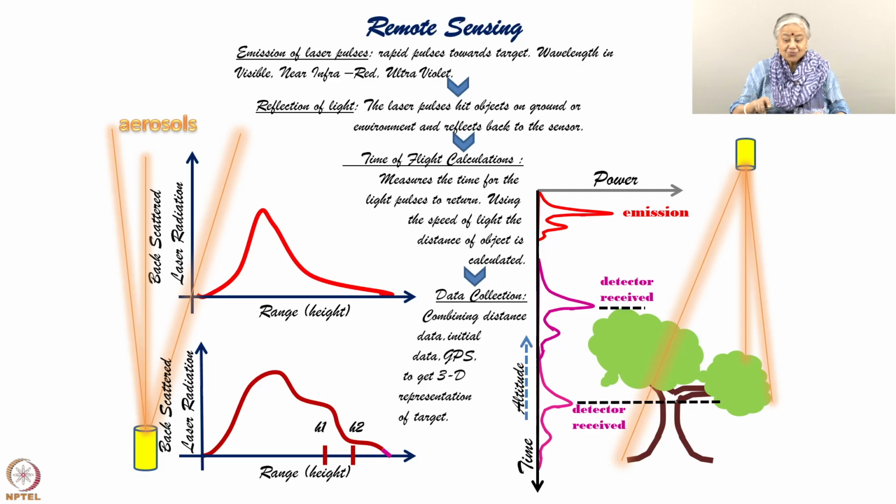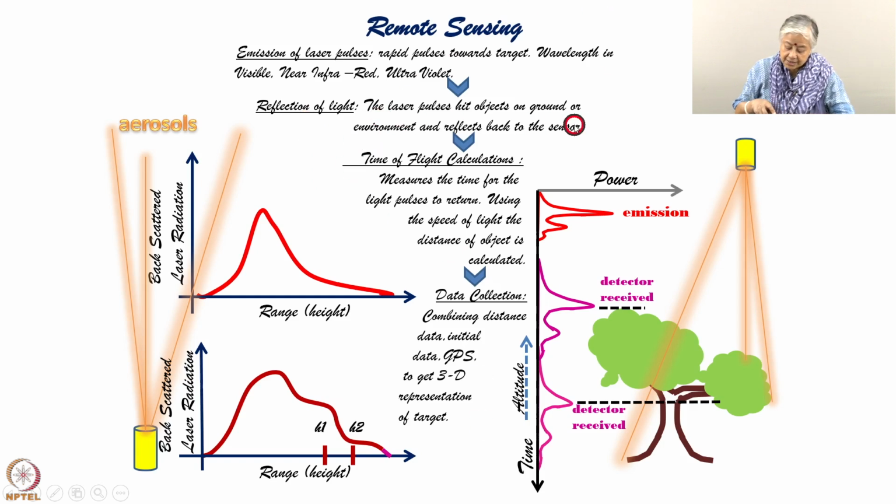Okay. So what are the things that they do? In remote sensing, you have the emission of the laser pulse, which we have seen there. Rapid pulses are sent out, and then you have the reflection of the laser light.